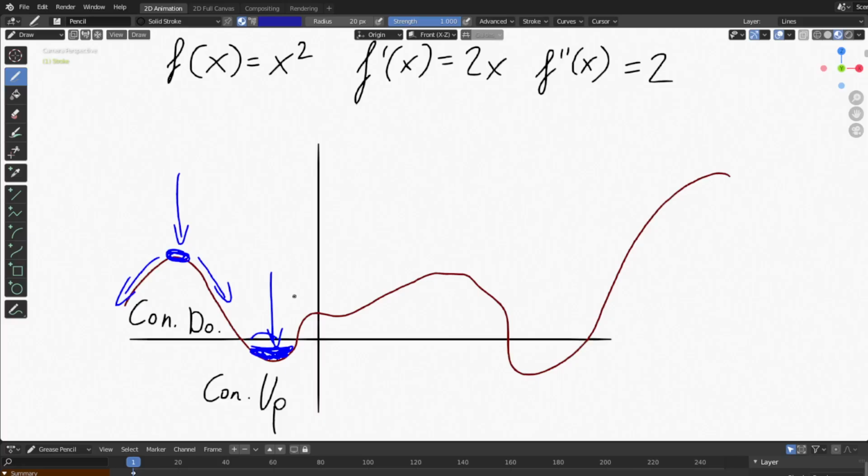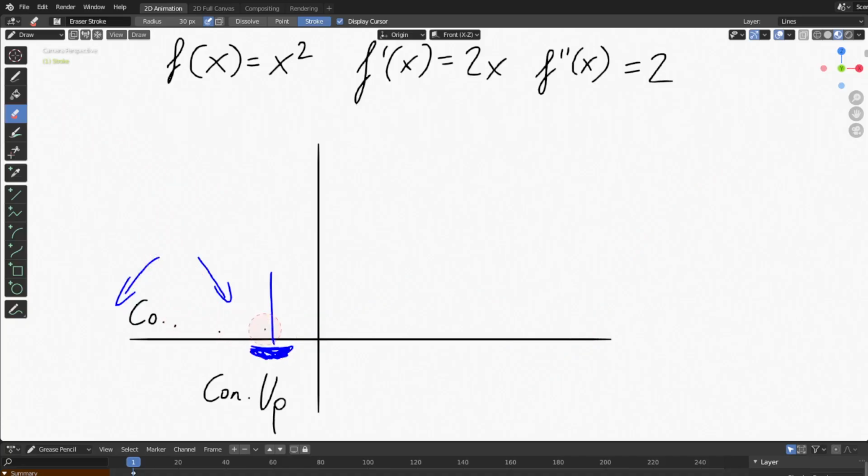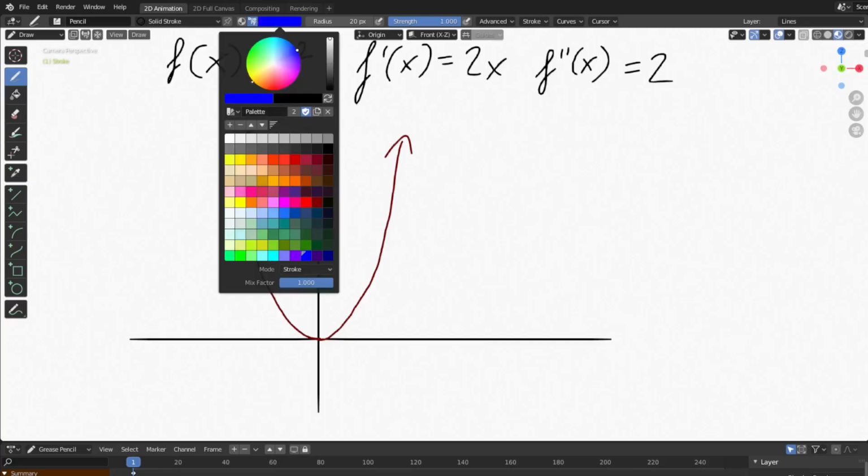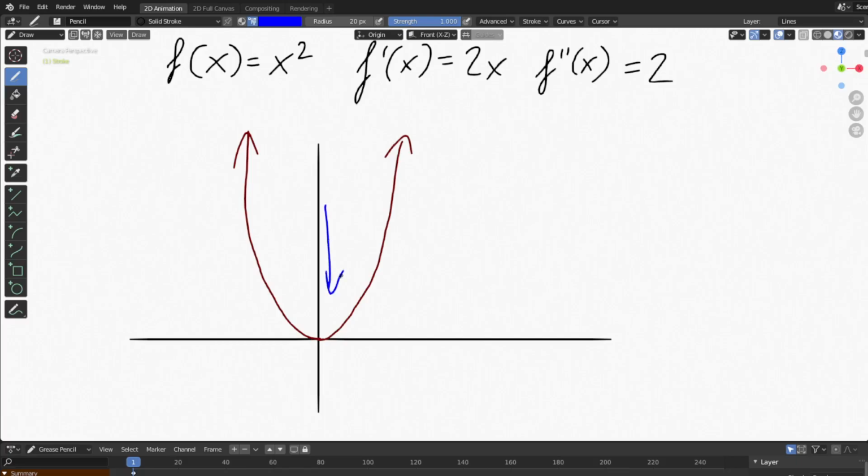So off of our graph of x squared, if I were to draw that out very quickly, pencil down, move it back to red. If we were to pour water in this, as we can see, it would create a little pool.